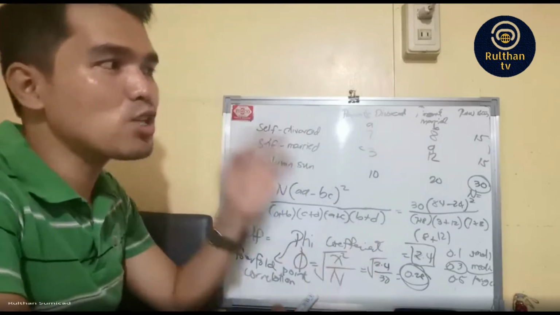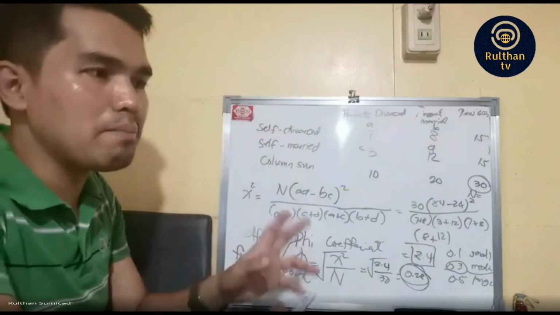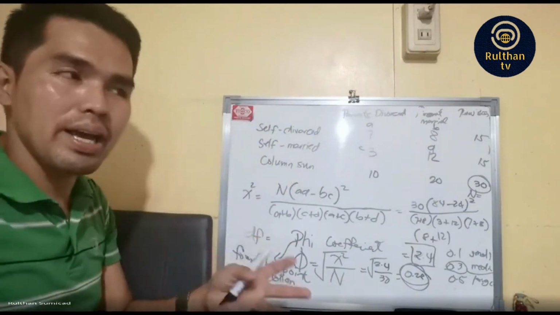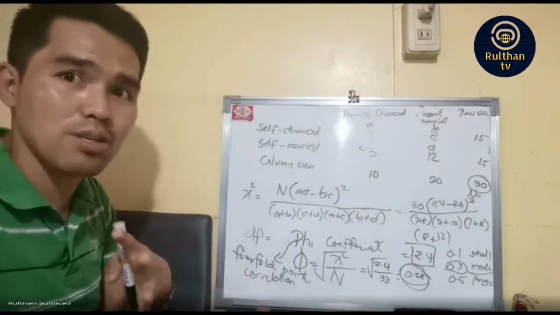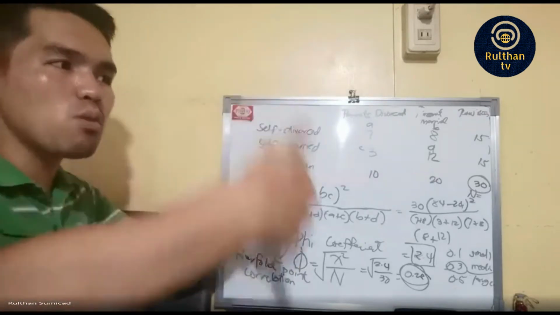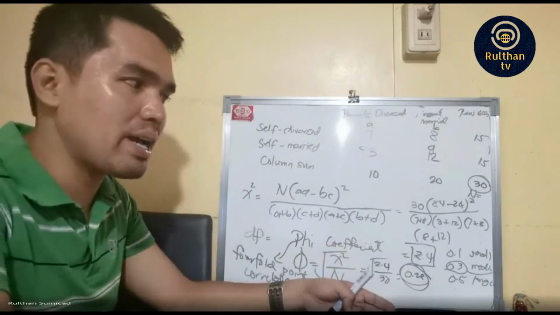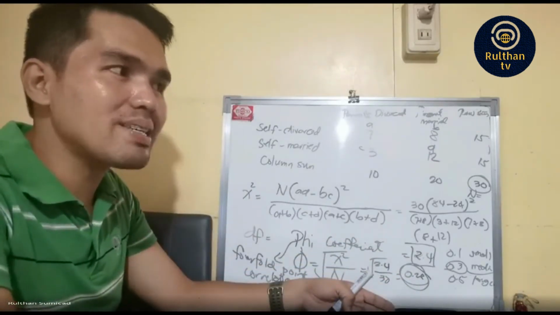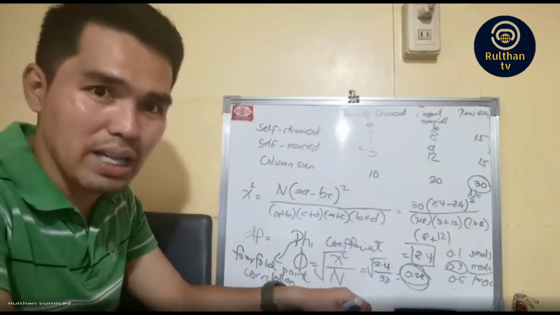In our test, we test whether the variables are related to one another. If they are related, that's the time we will look into the strength of their association or relationship. That's where the phi comes in. But in the event that our association is not significant, there is no point in knowing the strength of the association.